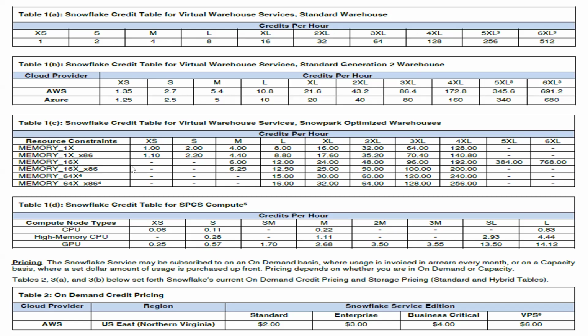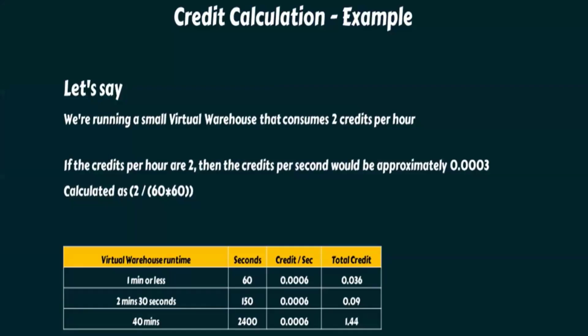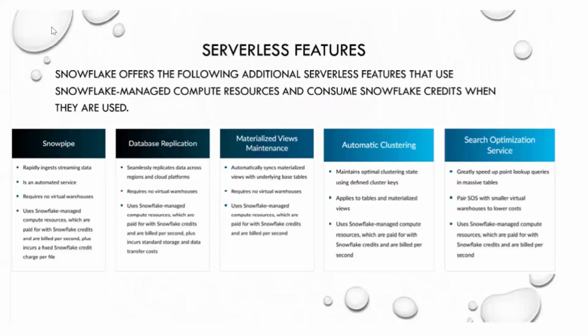Snowflake also will charge the customer in other ways where serverless features are used. Serverless features include Snowpipe. The Snowpipe feature is used for continuous data loading. If you are using that, you have to pay. When you are performing database replication, that also you need to pay. To maintain materialized views, Snowflake will charge us.